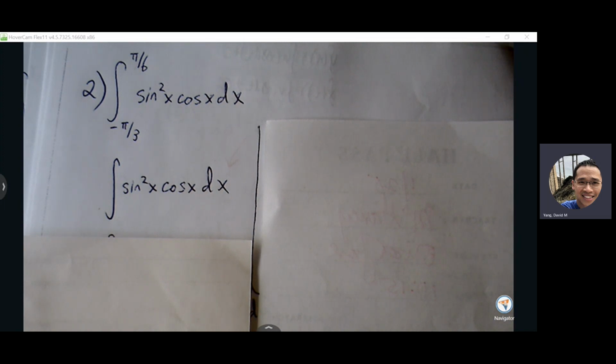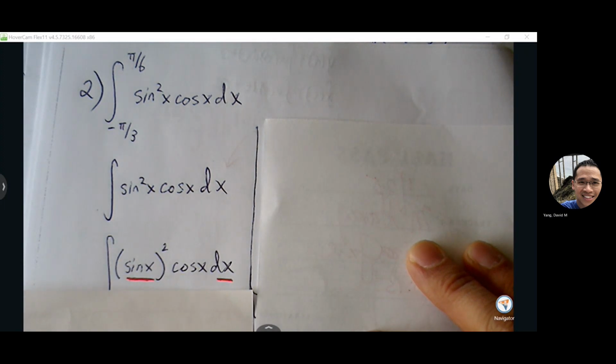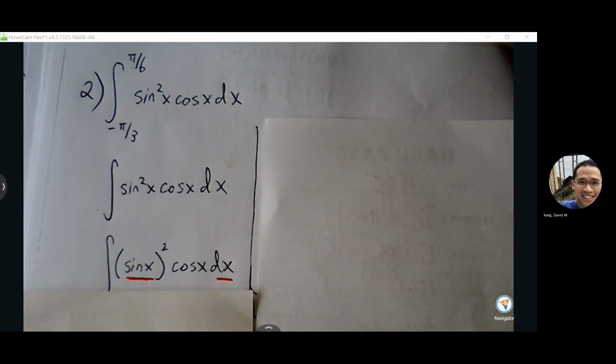Okay, so let's get some parentheses to show up, or at least one set to show up. What's our u value? Sine x. Okay. And that sine x will work nicely with that cosine, because what's the derivative of sine? Cosine. So we know that things are pairing up pretty nicely.